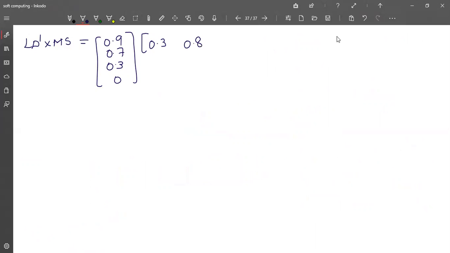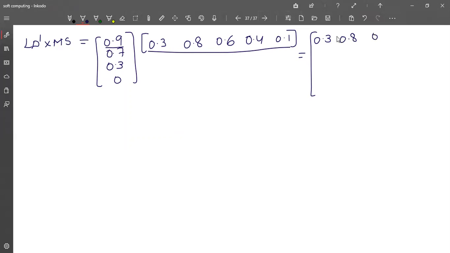In the same way, compared with 0.9, all these are minimum, so we write them as is: 0.3, 0.8, 0.6, 0.4, 0.1.